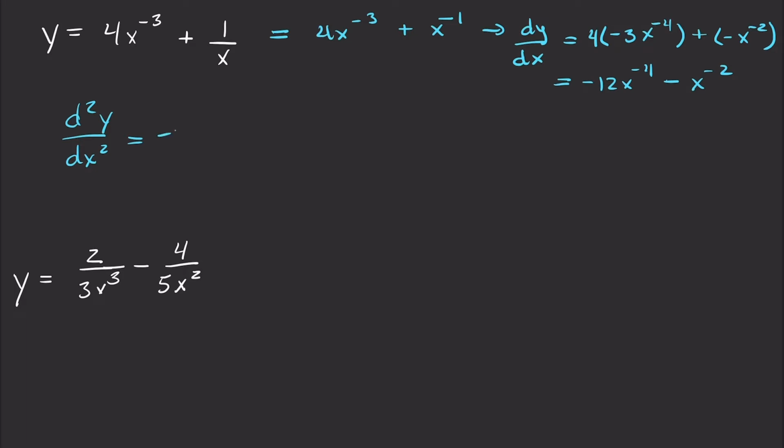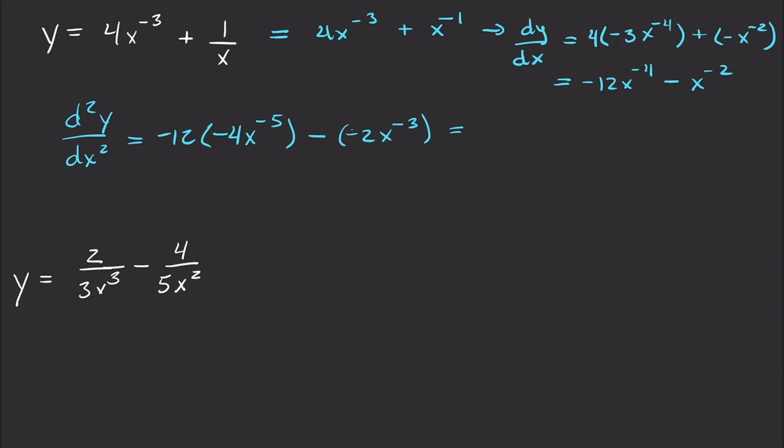So doing this, I'll pull out my -12 from out front. My -4 will come down from my power, and I'll need to subtract 1 again, so that will go to -5. Then I have minus, I will pull down my -2. My power will go to -3. Then I'll simplify.